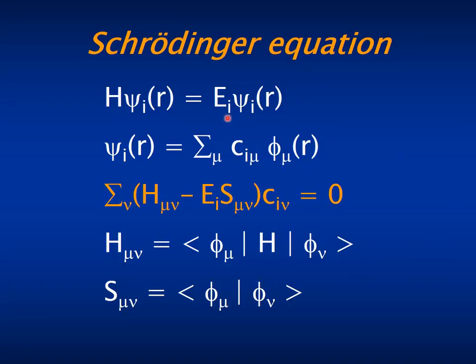As I mentioned before, the differential Schrödinger equation can be reduced to a normal algebraic equation involving two matrices and a set of expansion coefficients of the wave functions in terms of a set of basis orbitals phi. The two matrices involved are the matrix elements between the basis orbitals of the Hamiltonian operator and the overlap between the basis orbitals.